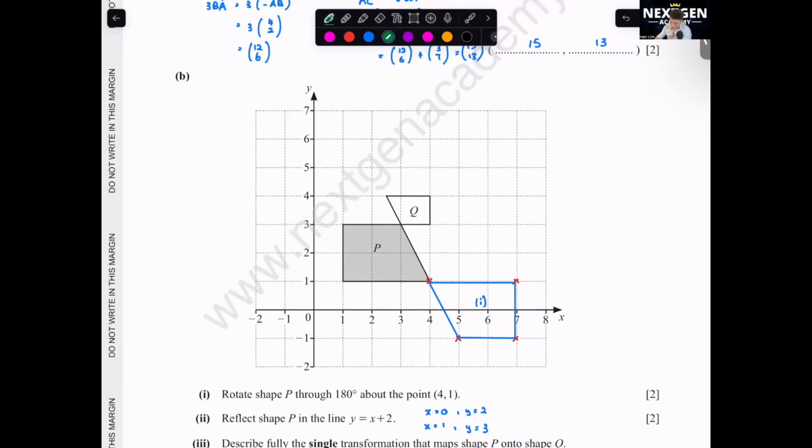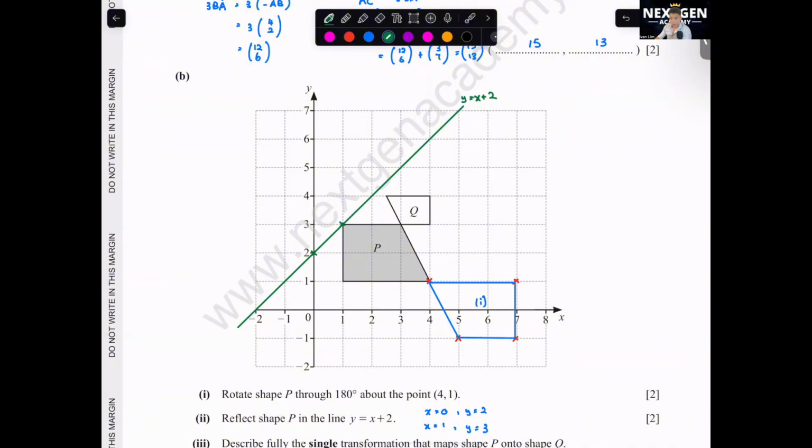I'll use green color for this one. We have here 2 and then 3. So I want you to draw a straight line like this first. Draw nice like this. So this is y equals x plus 2.